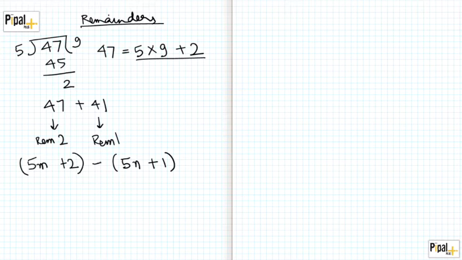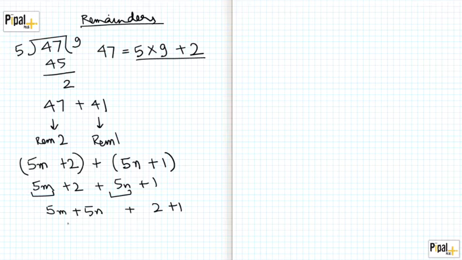So when I add these two, it's very clear to see that 5m plus 2 plus 5n plus 1, I can group 5m plus 5n together. What I'm left with is 2 plus 1. This is 5 times m plus n, plus 2 plus 1.